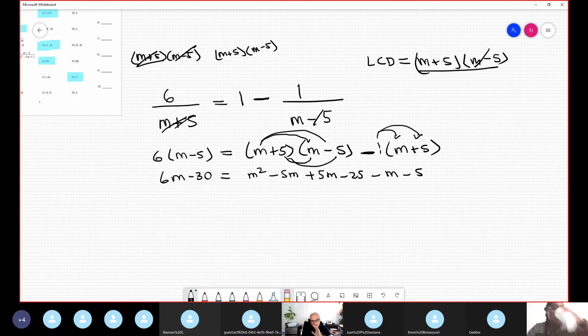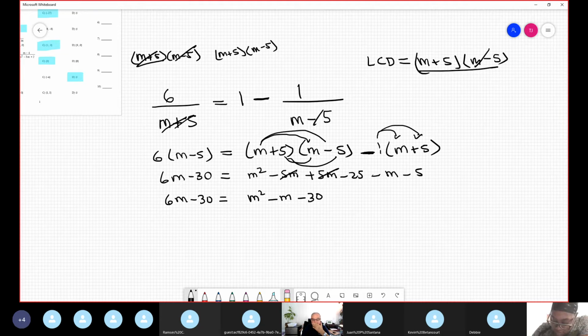Okay, I copy 6m minus 30 equal m squared. Look at that, this and this cancel out because it's positive and negative. This is 1m minus m. This is 30, no? It's 30. M minus 30. 25 and 5 is 30. Minus 30, and this cancels out.